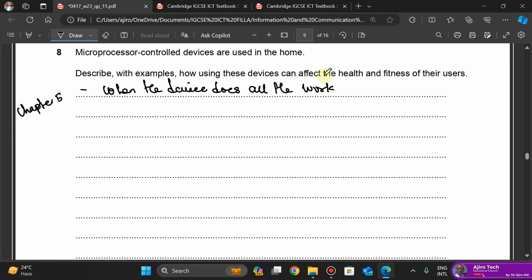How using this device can affect the health and fitness. The example here becomes it makes the user what? Lazy. Okay. Now look at it.